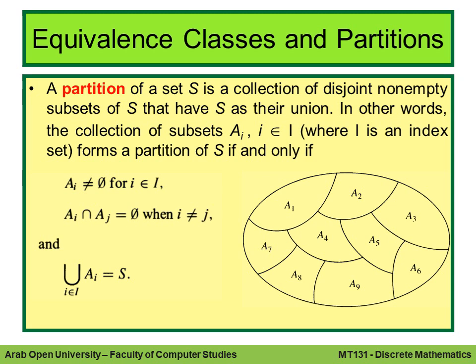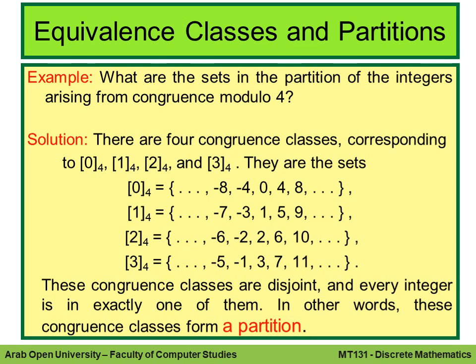Here is an example, a picture of a partition, and here are the conditions. You want non-empty sets, and you want them to be pairwise disjoint, meaning they have nothing in common, and their union must give you the entire set. It turns out that the equivalence classes will give you a partition.